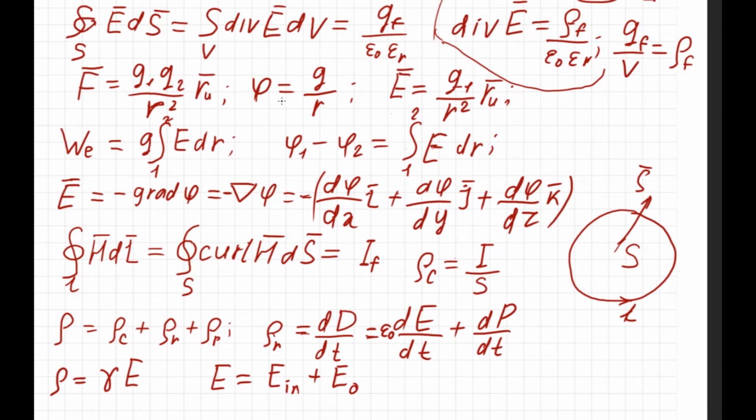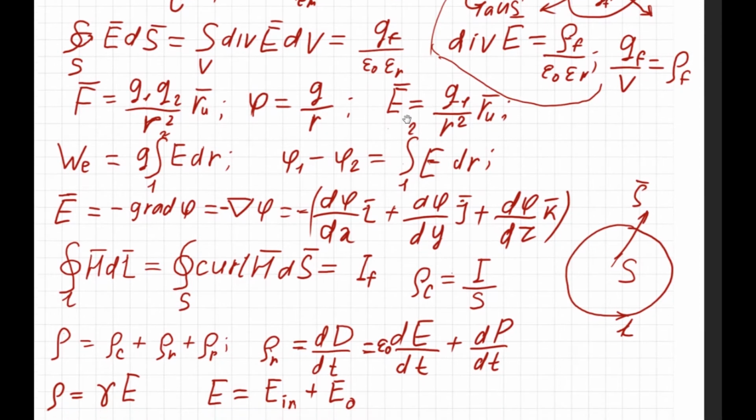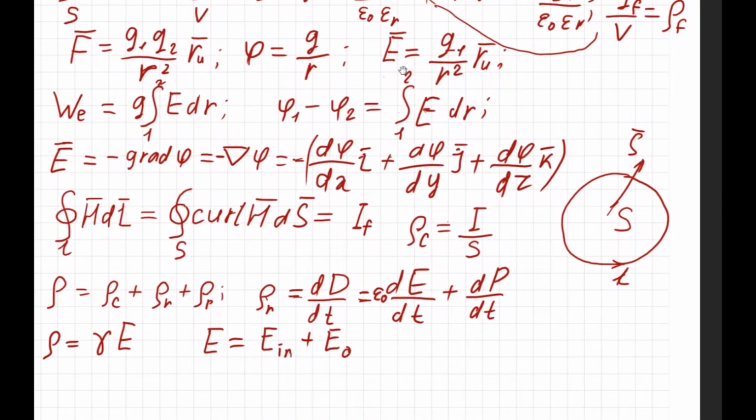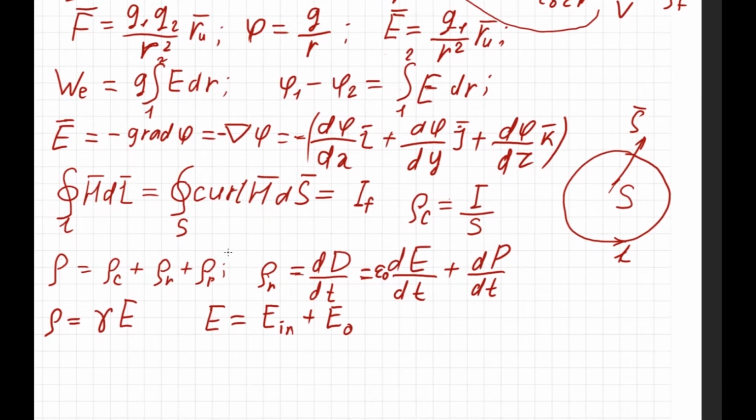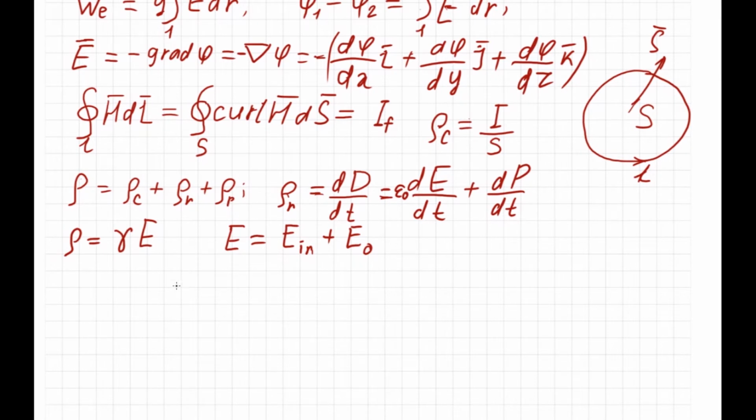We have got Maxwell's formulas as the Gauss formula, the first formula, and the formula for current. The formula for current is the curl of the magnetic field.